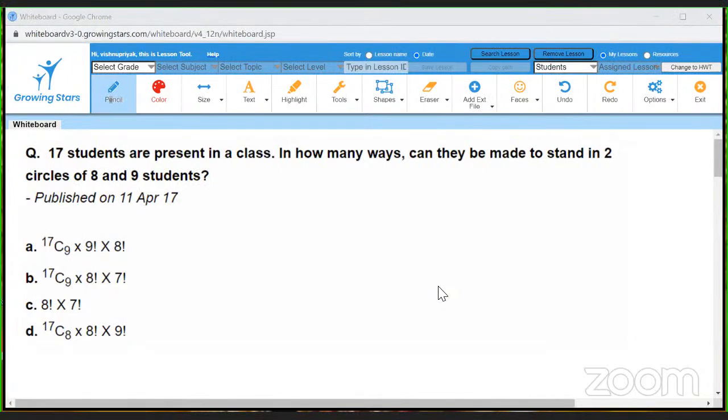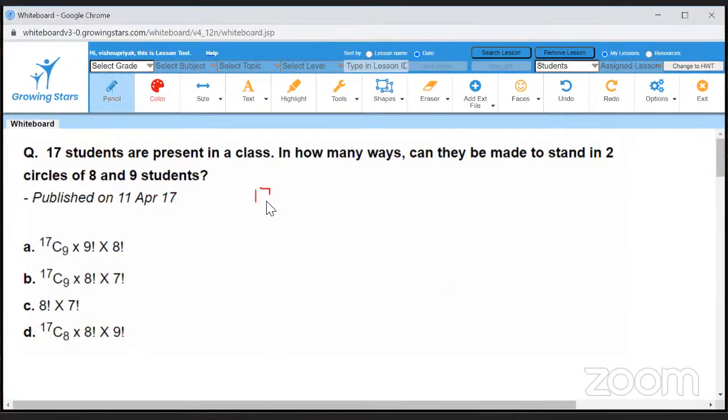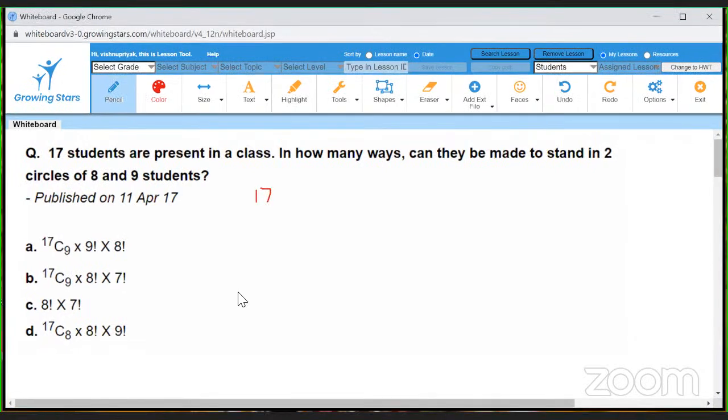So, if you take selection, combination, total 17 students are there. And now, what do we have to do? We have to select 9 students. First, we will select 9 students.